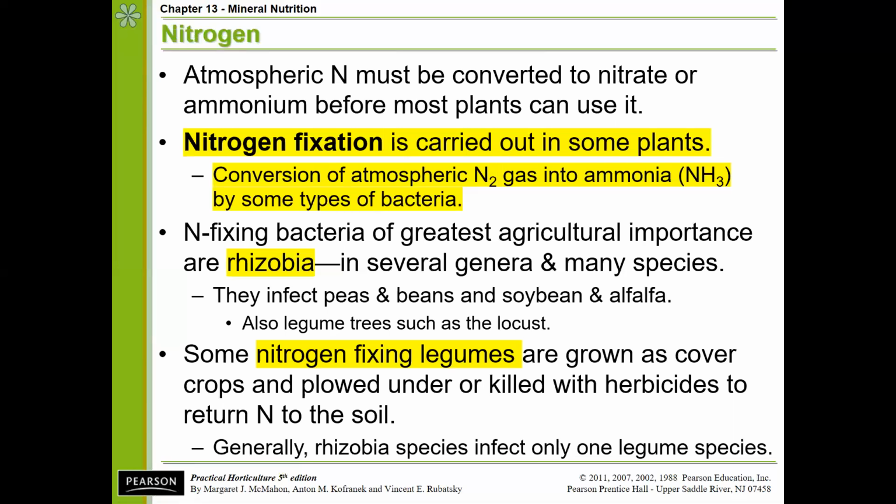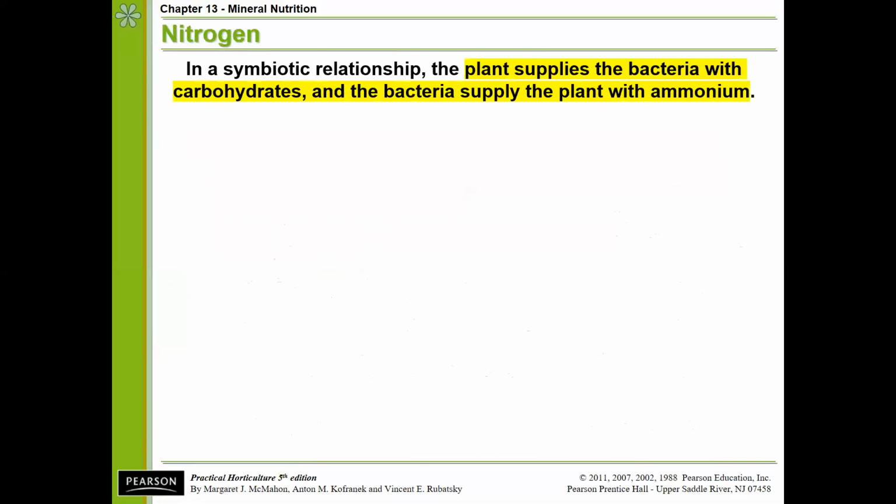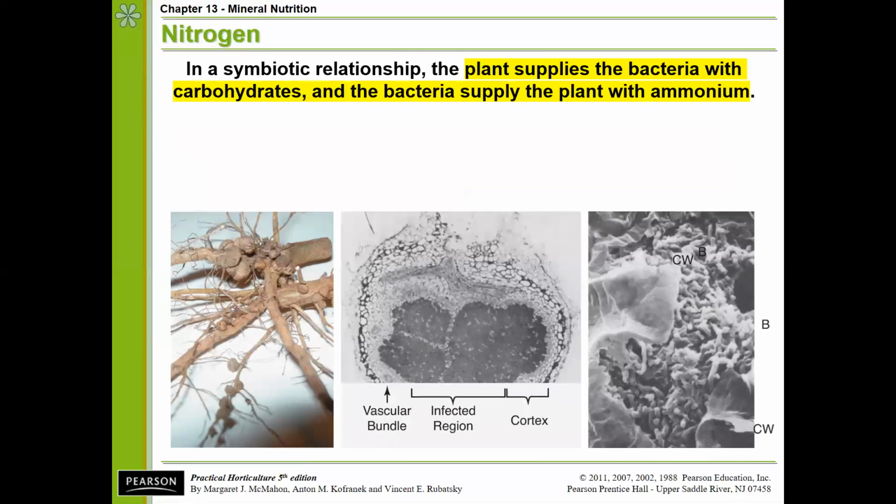And generally, most species of rhizobia will only infect one species of plant. Here's kind of what it looks like here. It's a symbiotic relationship where the plant supplies the bacteria with the carbohydrates, the photosynthates really, and the bacteria supply the plant with ammonium.